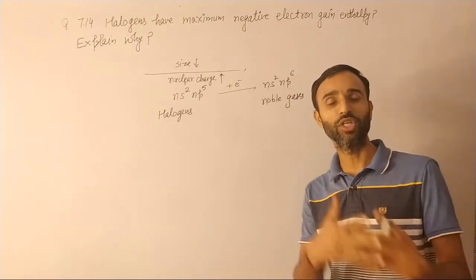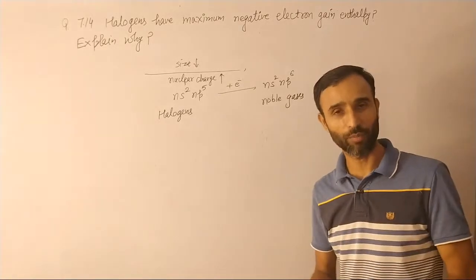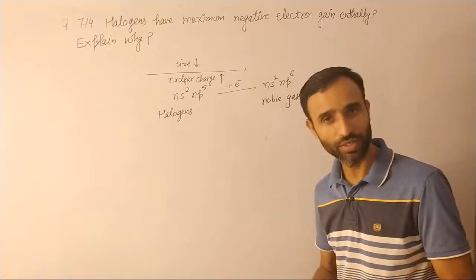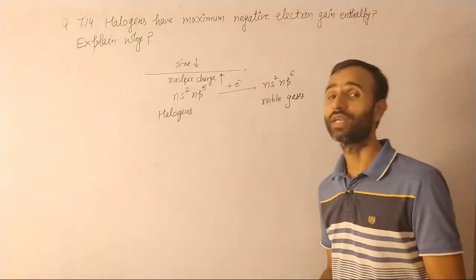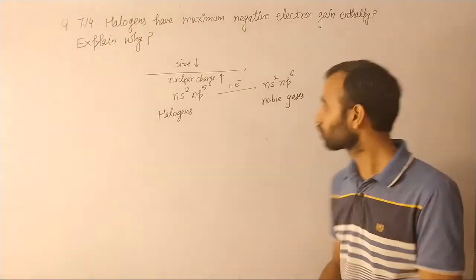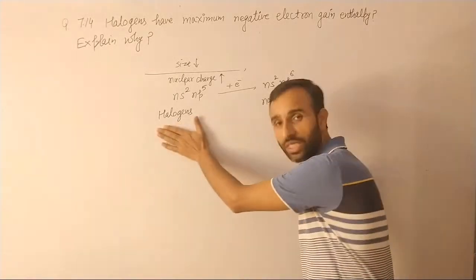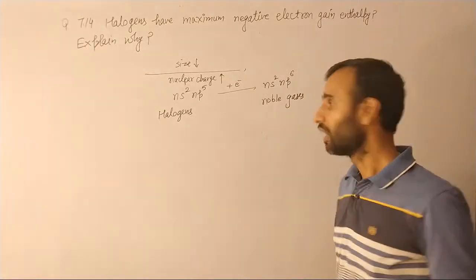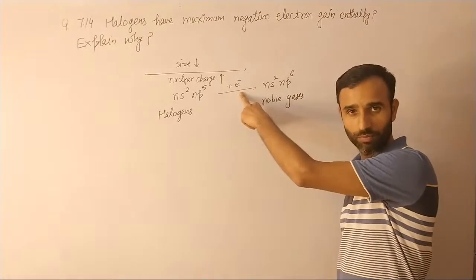For example, xenon and krypton can form compounds with oxygen and fluorine. That's why nowadays the name has been changed from inert to noble. So that means halogens acquire extra stability after gaining one electron.